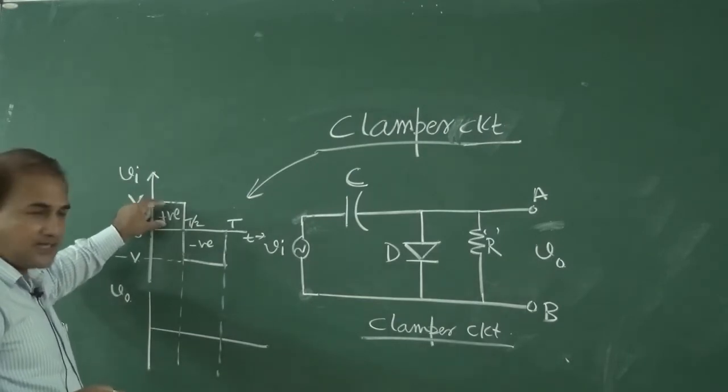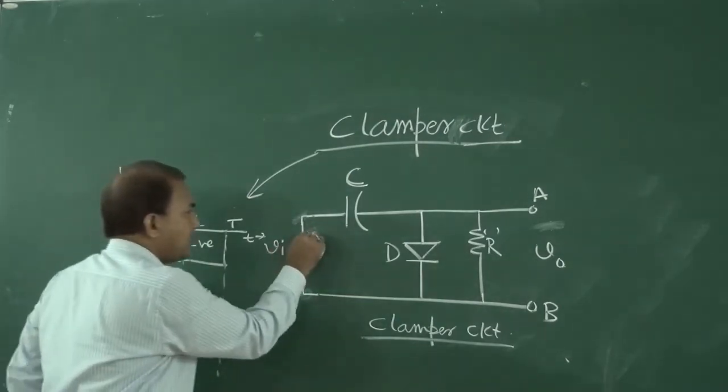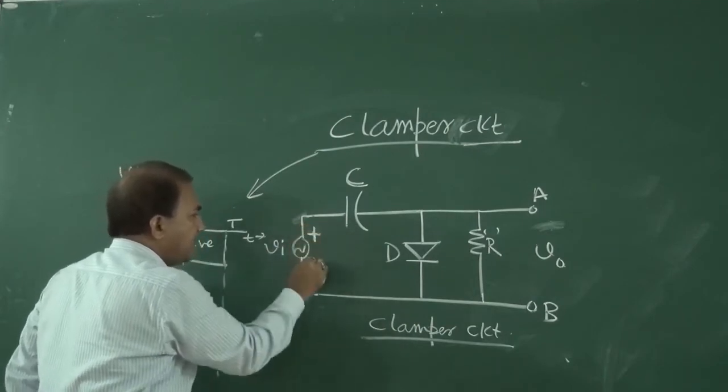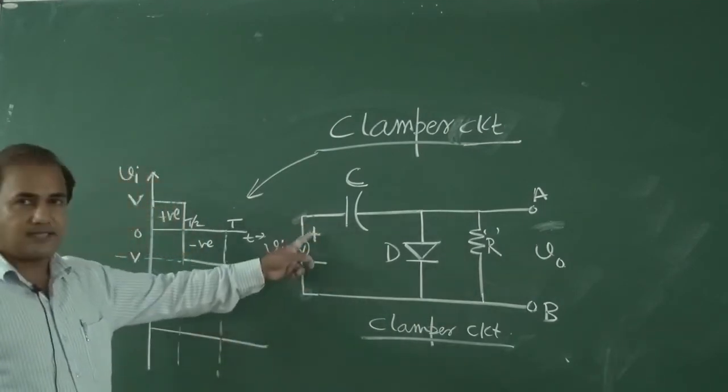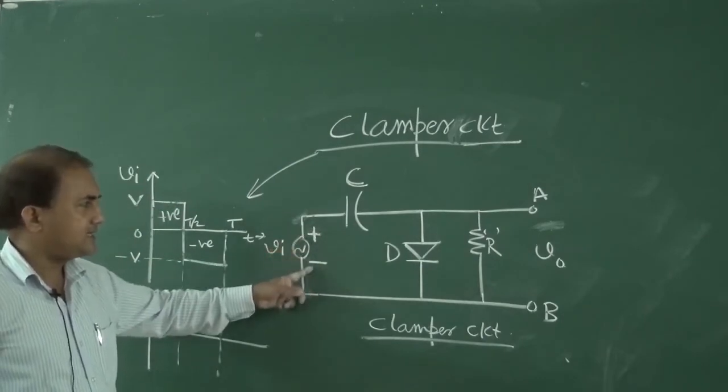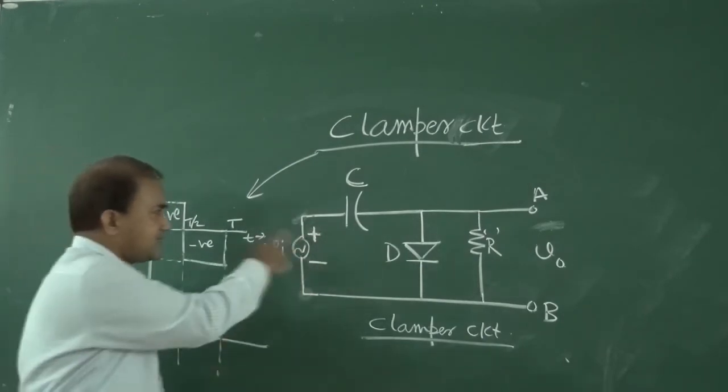For the positive half cycle, the polarity of the input will be like this: positive terminal and negative terminal, plus minus.